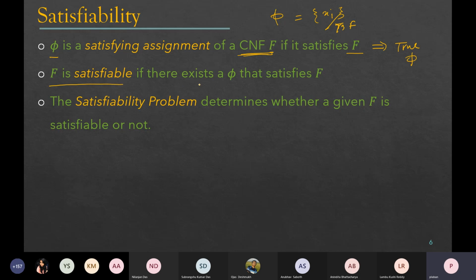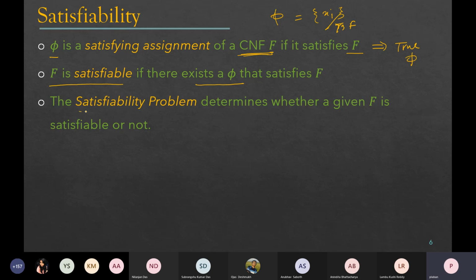If we can find at least one assignment that satisfies f, then only we can say that f is satisfiable. It may not be satisfiable by another assignment, but we can find at least one assignment for which f can be made true.